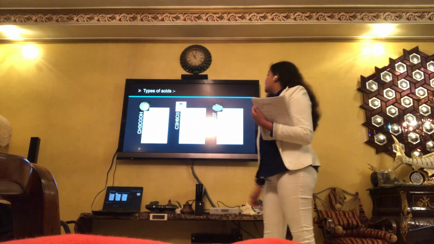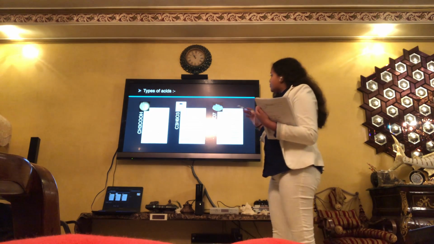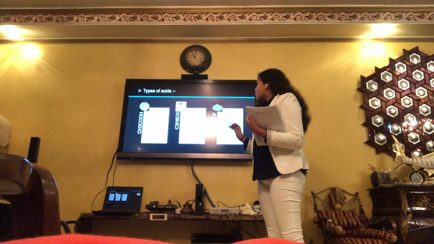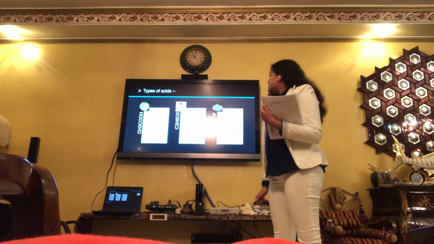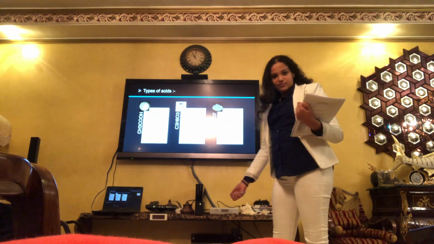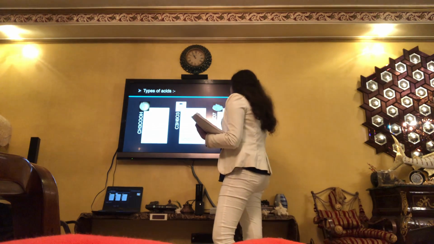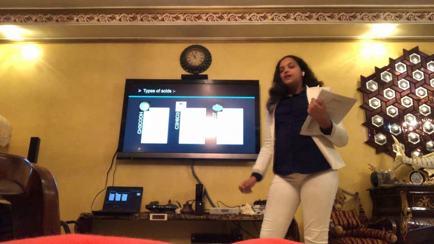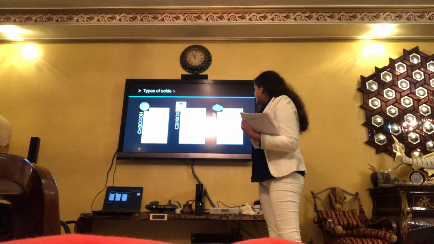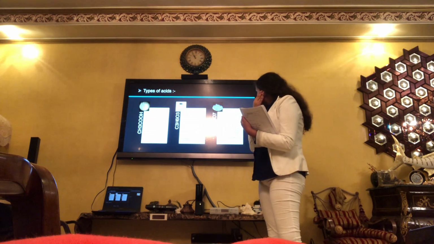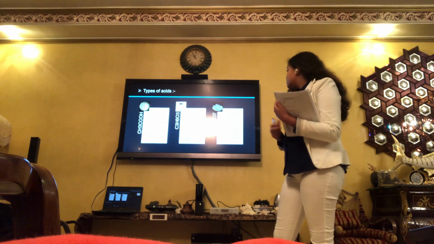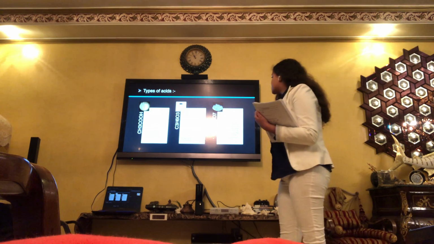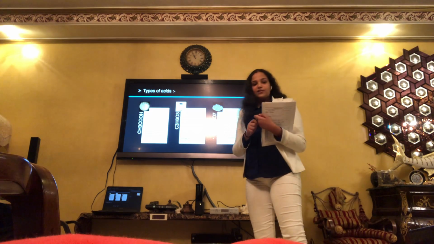And lactic acid, or known as C3H6O3, is an organic acid. And citric acid, or H3C6H5O7. Citric acid is a weak organic acid that has the chemical formula of C6H8O7.